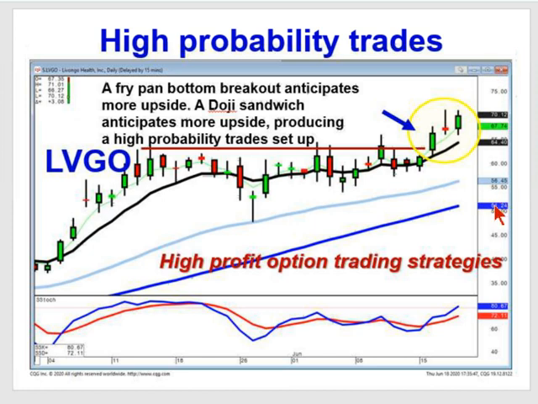How far out do you go on your calls? Usually relatively close, meaning it could be 2 weeks, 3 weeks, 4 weeks, and it also depends on what calls you have available. Some of them you're going to have weekly calls available. Others you're going to have only the monthly calls. So you have to make your strategy based upon what you have available.